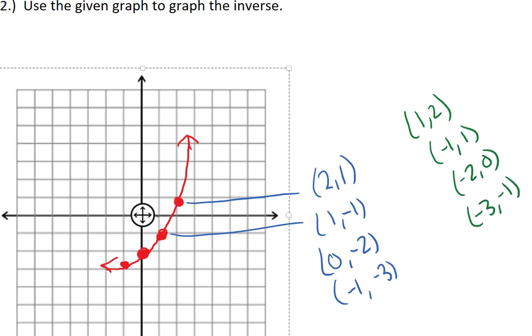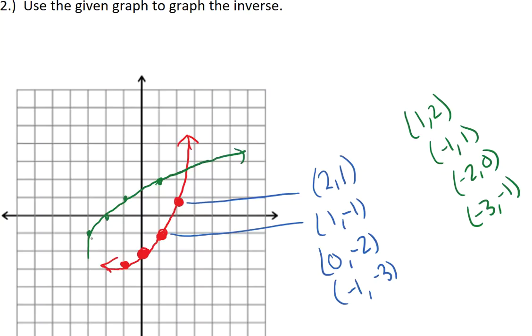And I'd start plotting those. So 1, 2, -1, 1, -2, 0, -3, -1. And I would try to create this symmetry that we see happening with the other one. And what you should hopefully see is the symmetry happening right along this line y equals x. Hopefully those distances are all going to be matched up.